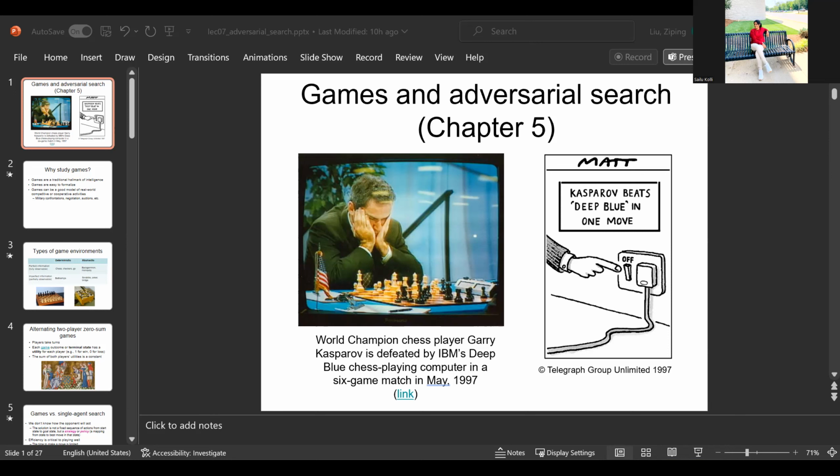So here it gives us an example about alpha beta pruning. And this is a very good example because it involves multiple levels. Okay, so let's take a look.